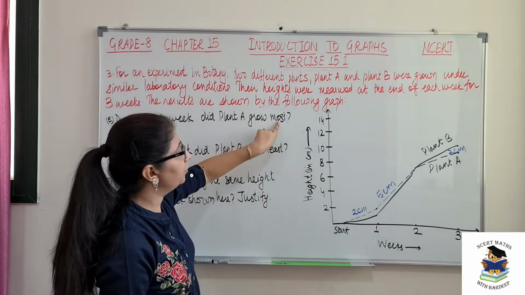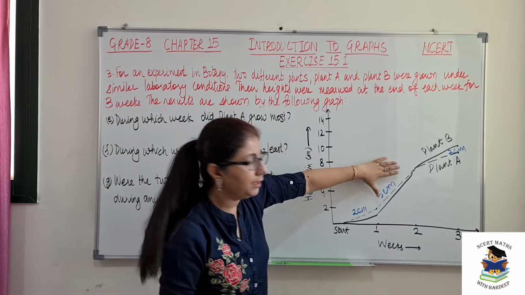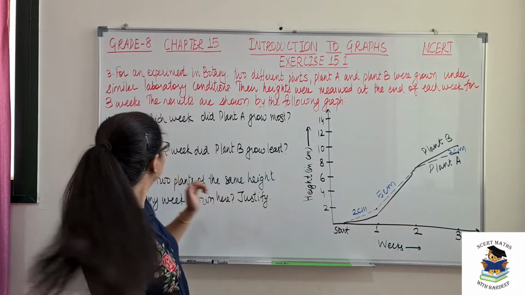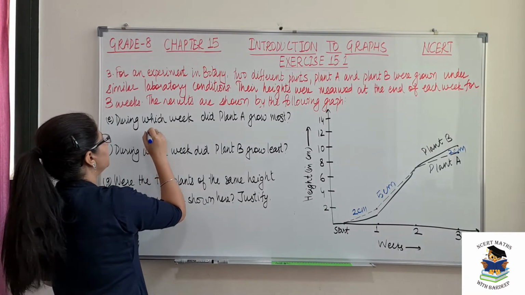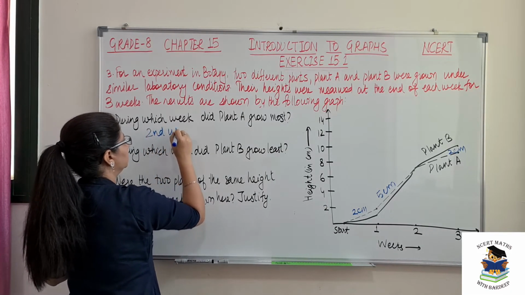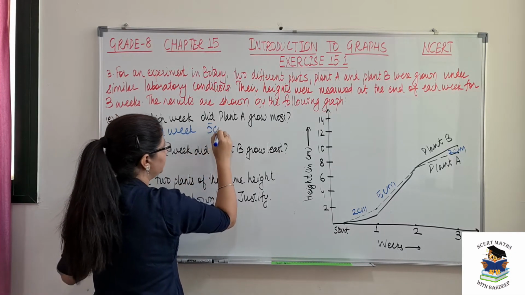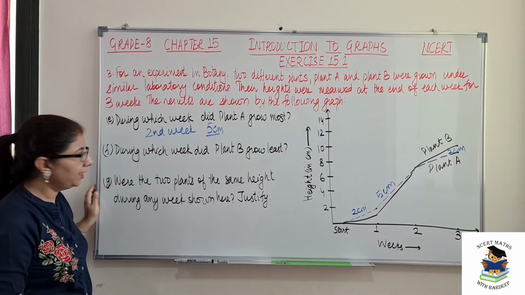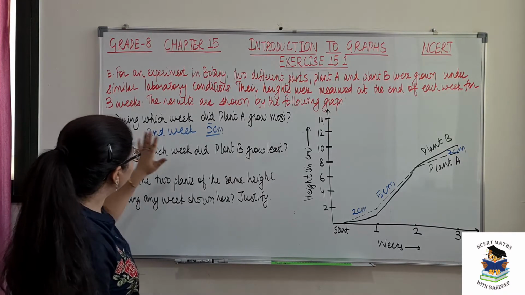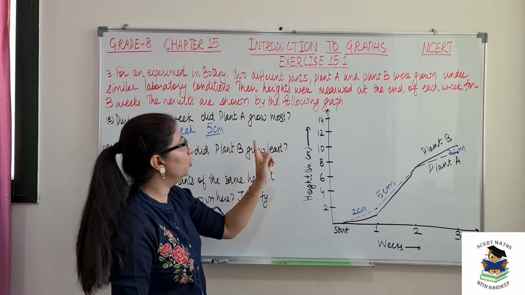So we need to find most. So this is during second week. And what is the difference? 5 centimeter growth.